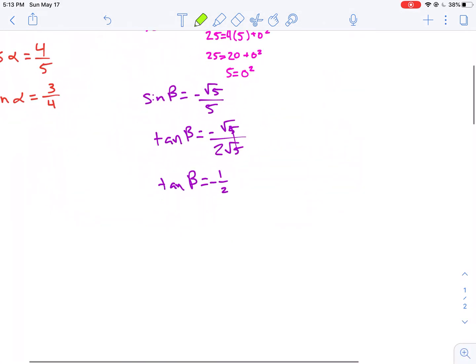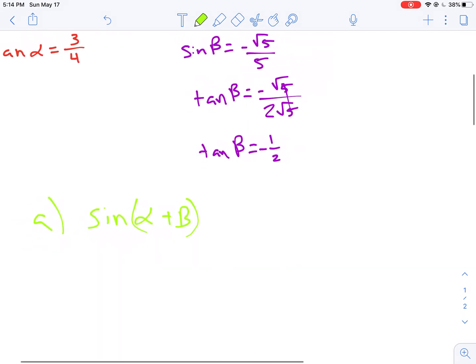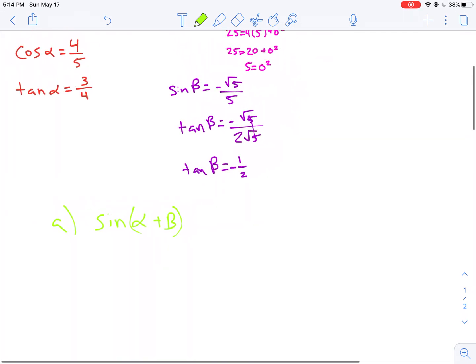So for A, I've got the sine of alpha plus beta. The formula for the sine of alpha plus beta, if you look one page over at page 460, is the sine of alpha times the cosine of beta plus the cosine of alpha times the sine of beta.